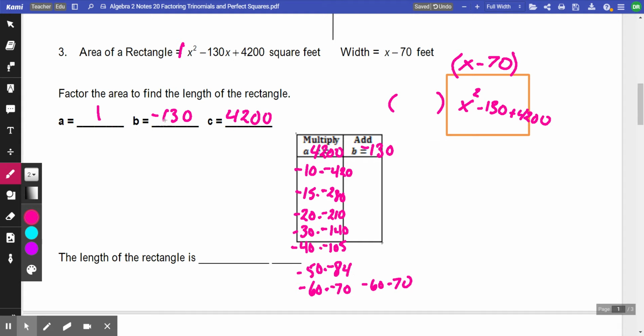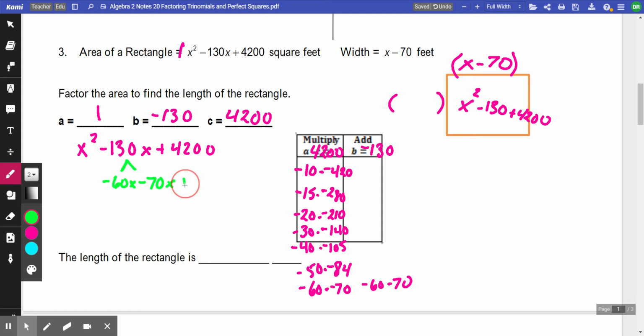So we go back to the original polynomial. We had x squared minus 130x plus 4200. Let's break that up. So we'd split the middle with our negative 60x and negative 70x.